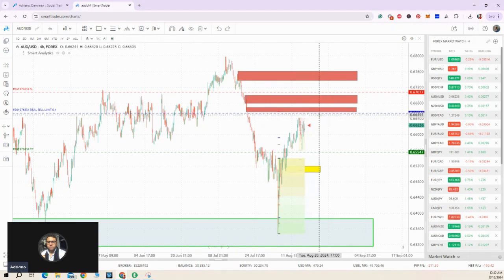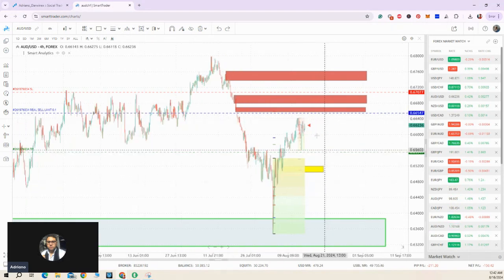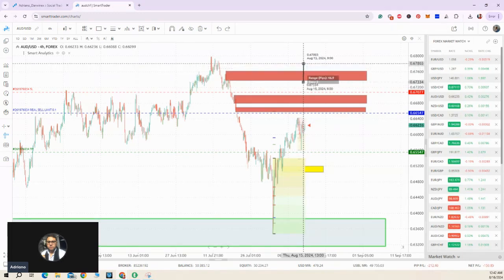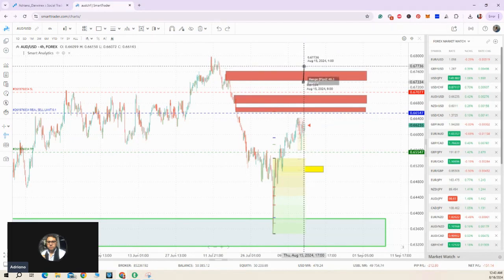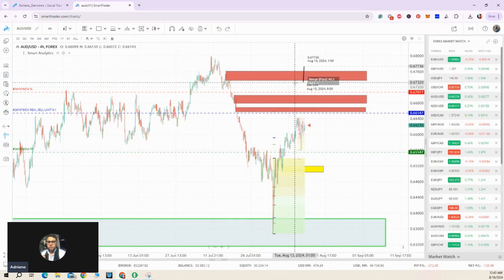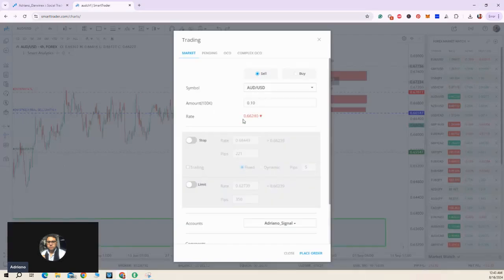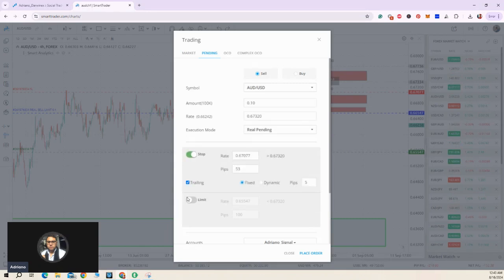So the trade is here. And let's do another one here. So that is 35, 35 to 40 pips. Let's put a 40 pip stop loss on this trade. I'm gonna do a pending order, stop loss, no trailing stop. Let's put a 42 pips stop loss and take profit. I always try to make 2 times more than I risk.